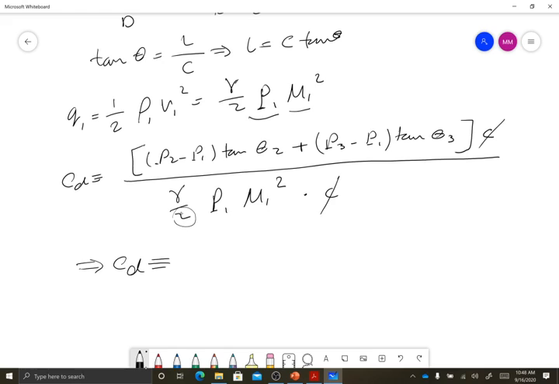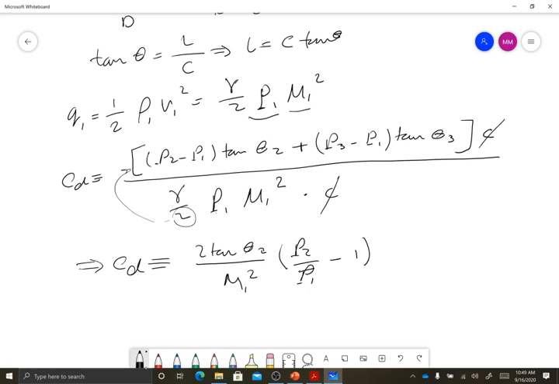We can bring these two to the numerator, right? We can have 2 tangent of theta 2 over gamma M1 squared multiplied by P2 over P1, which we already have, minus 1, right?